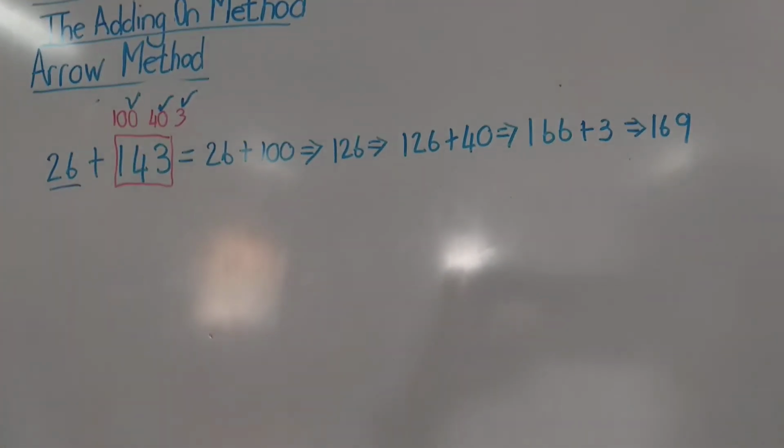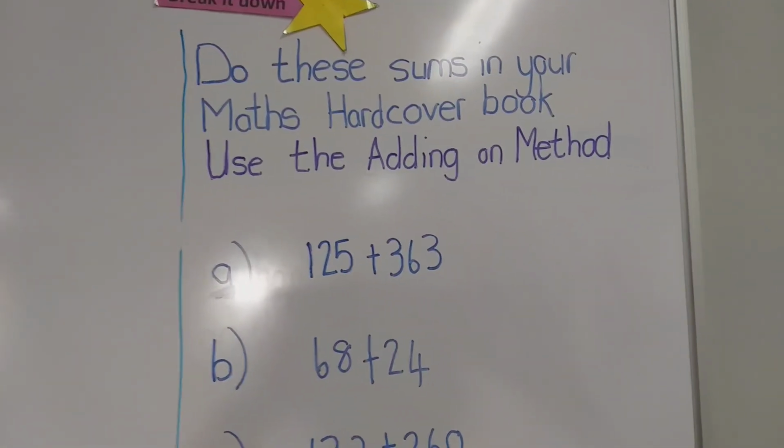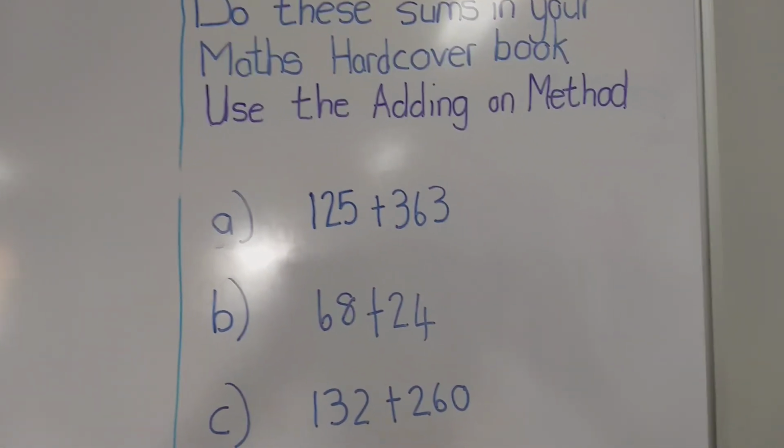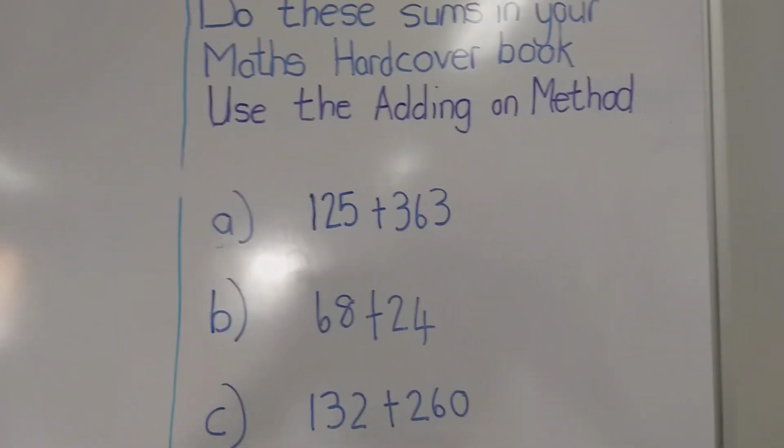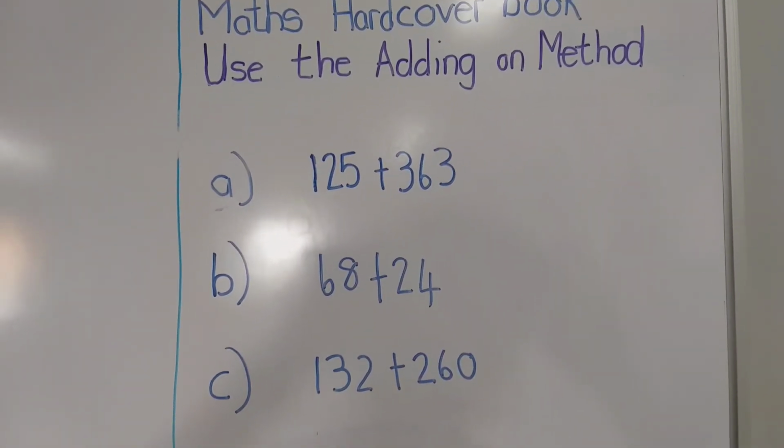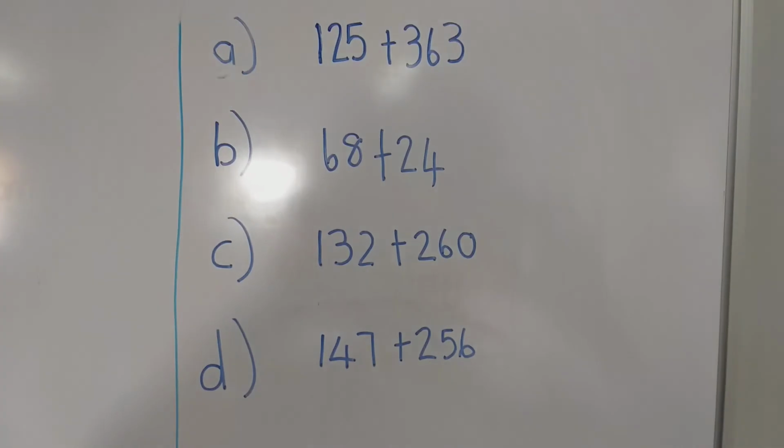So boys and girls, like yesterday, I'm going to give you some sums to do in your book. Do these sums in your maths hardcover book, using the adding on method. Today I'm giving you 4 sums to do. Just like yesterday, you're going to get your hardcover maths book.